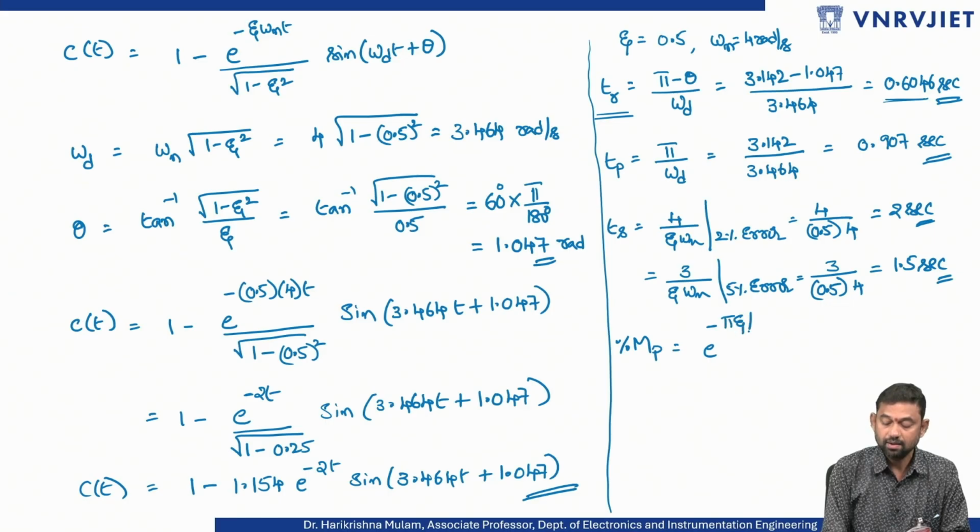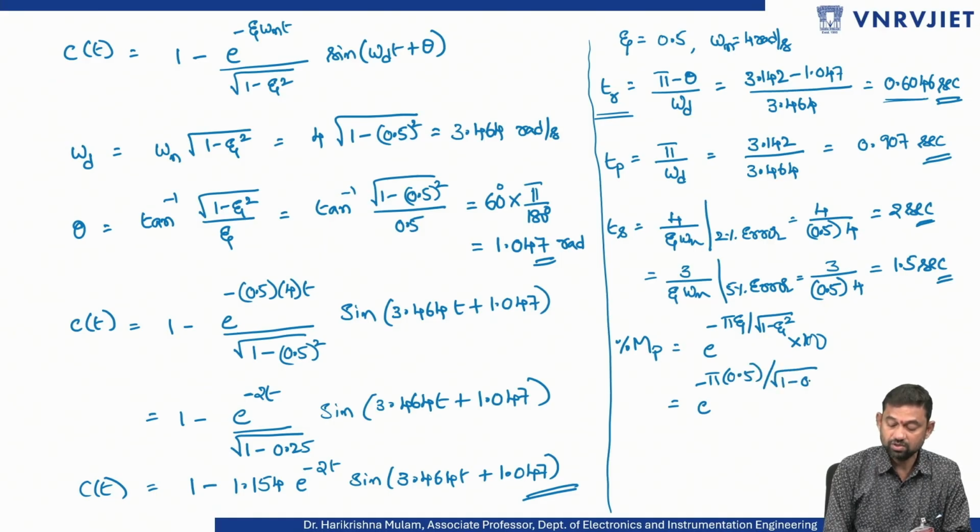And the last one is percentage overshoot, that is percentage Mp, which is given as e power minus pi zeta by square root of 1 minus zeta square into 100. Therefore, e power minus pi into zeta value 0.5 divided by square root of 1 minus zeta square, which is 0.25, into 100. If you find its value, it comes around 16.3%.